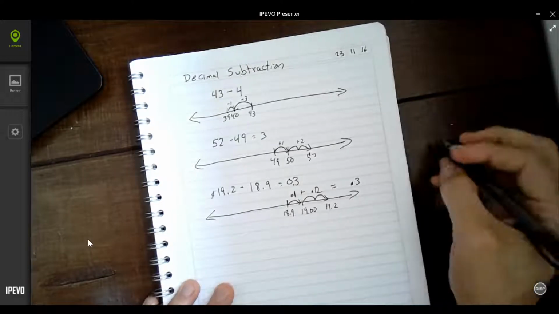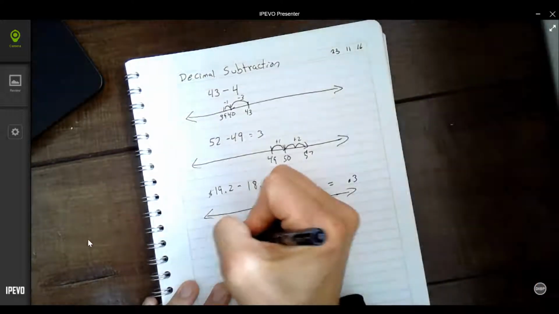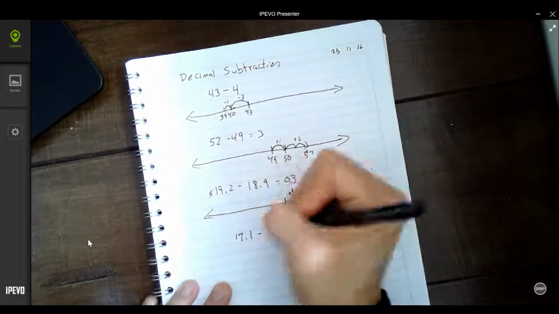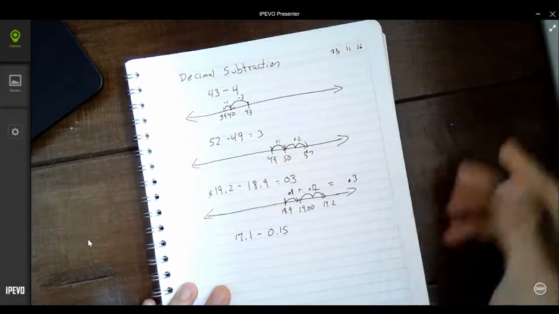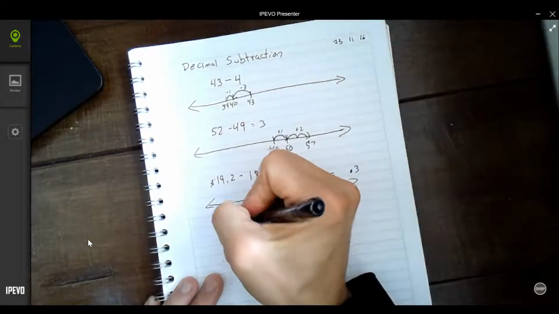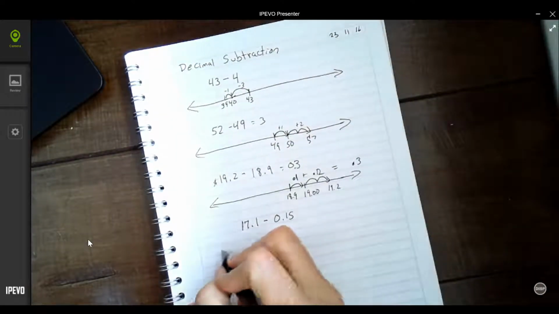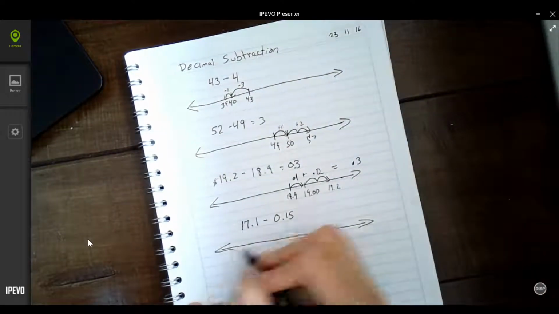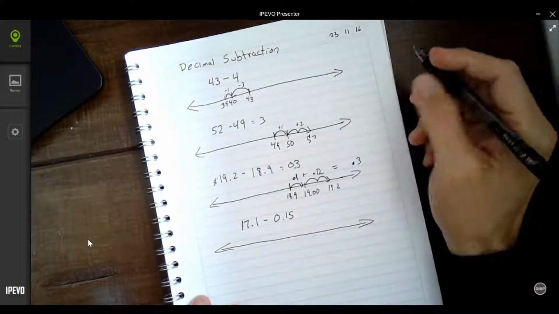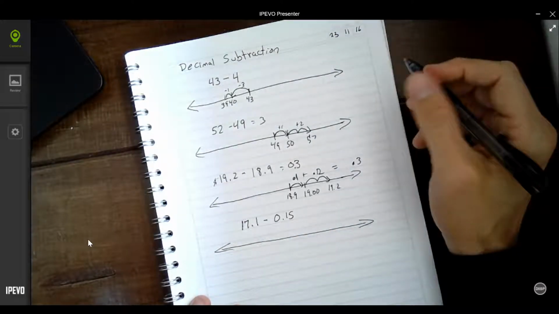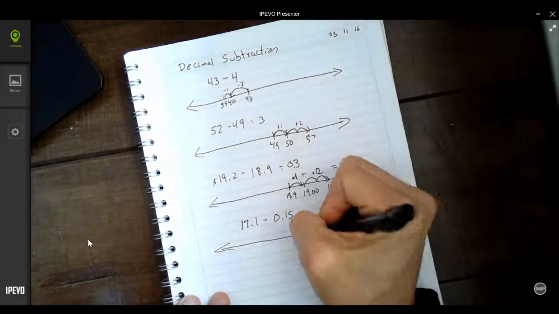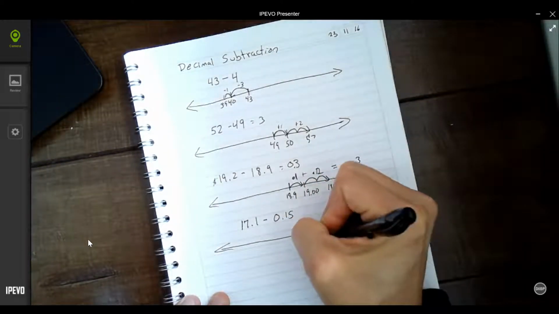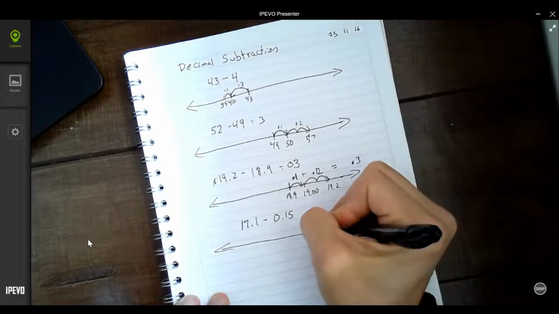Okay, the next one we're going to look at is 17 and 1 tenth minus 15 hundredths. So go ahead and pause and solve and talk. Okay, so we're going to look at the removal strategy here because they are so far apart. So if I'm starting with 17 and 1 tenth, I want to make this easier on myself.